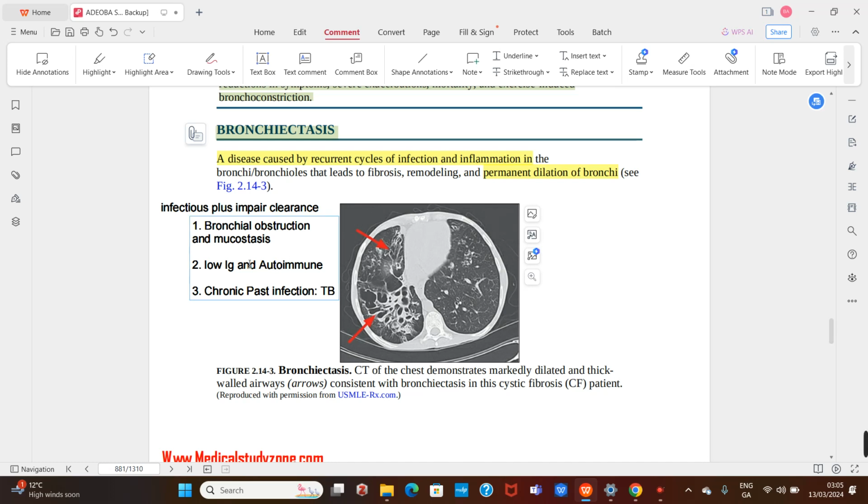Number 1, bronchial obstruction and mucostasis. Number 2, anything that can reduce the level of immunoglobulin, or any autoimmune condition. Number 3, past infection. The etiology of bronchiectasis falls within these 3 categories, which explain the recurrent cycle of infection and inflammation that brings about permanent dilatation of the bronchi, causing bronchiectasis.